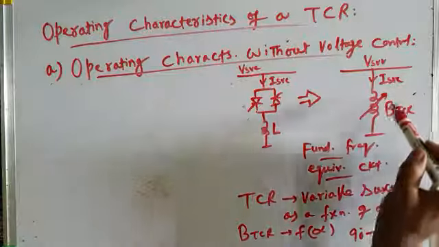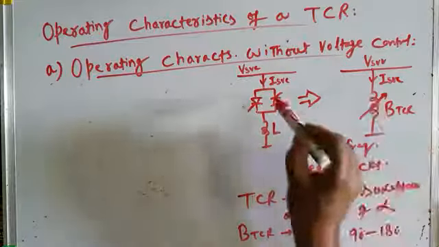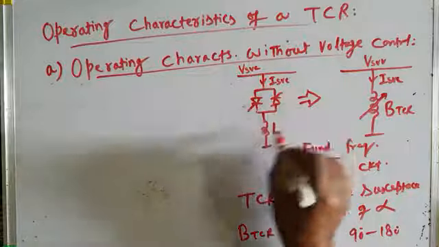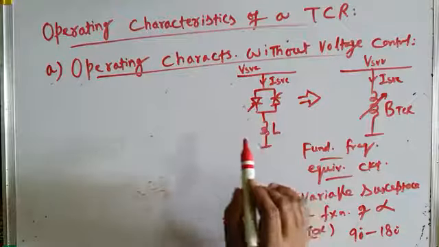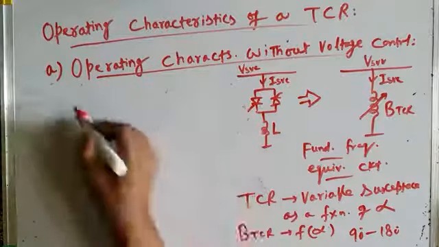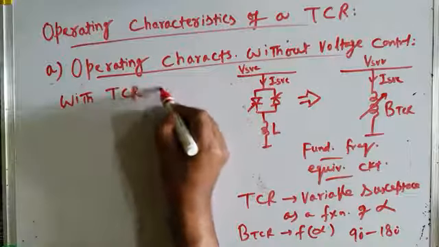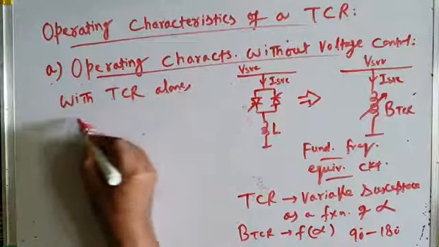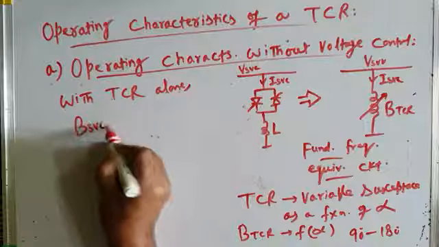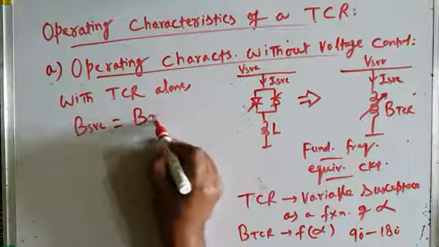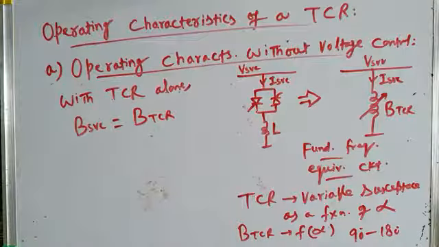Now, if we assume that TCR alone is acting in SVC, there is no capacitor or TSC connected or operating, only TCR is operating in the system, then with TCR alone, BSVC, that's the susceptance of the static var compensator, is exactly equal to the TCR susceptance.